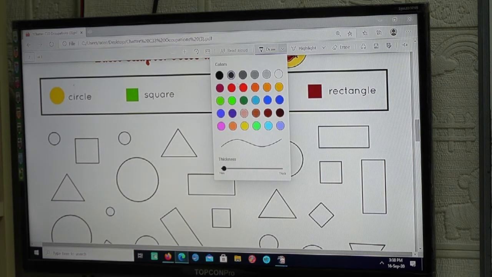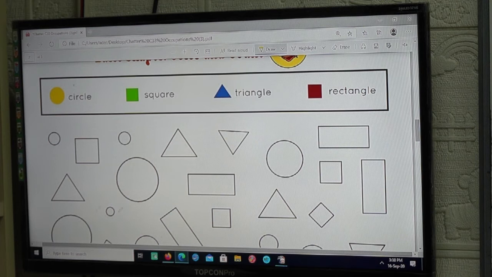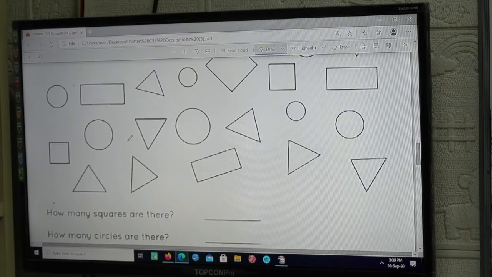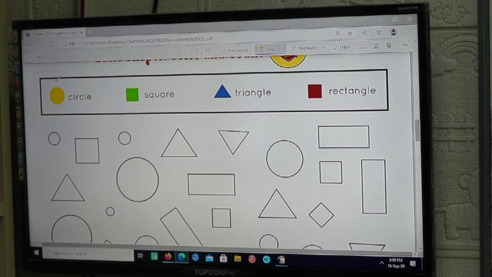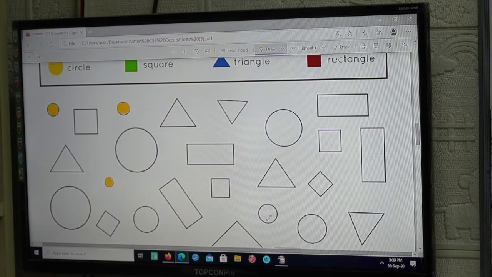Alright. So first color I would like you to take out is yellow. What shape do we need to color yellow? We need to color the circles yellow. Yes, the shape here is circle. So please color all the circles yellow for me. Good job.